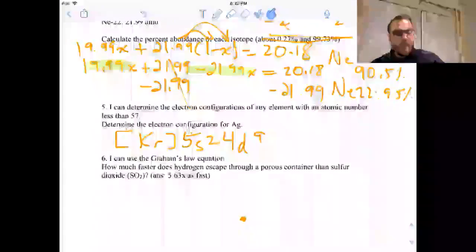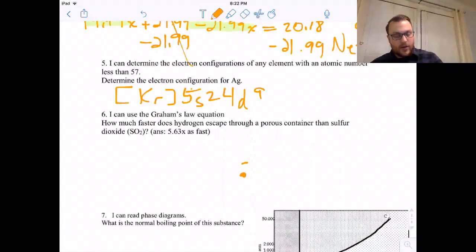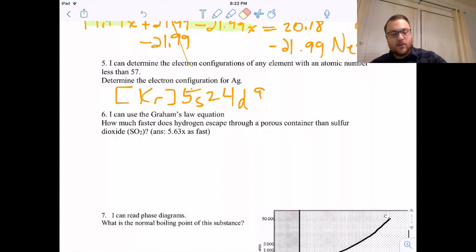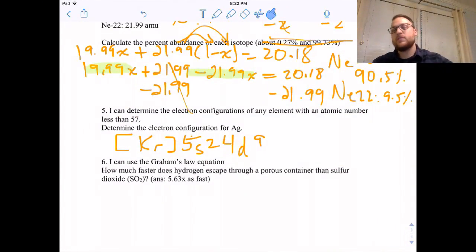When you hit this, the d orbitals exist. That being said, it is much more energetically favorable to fill in the 2 available at energy level 4 in our s orbitals before we start putting 10 electrons into our d orbitals, because it's just more stable that way.